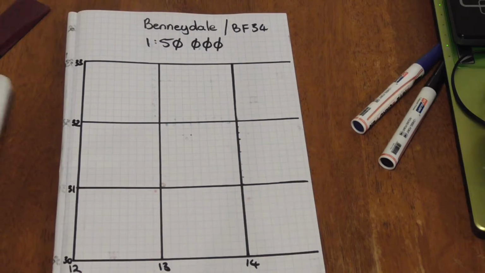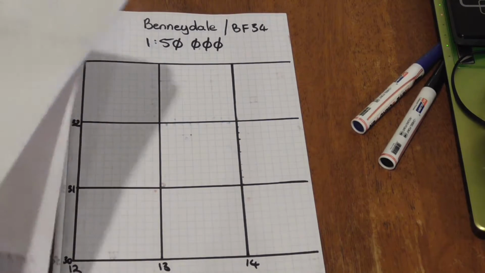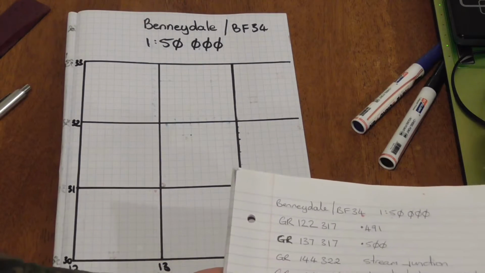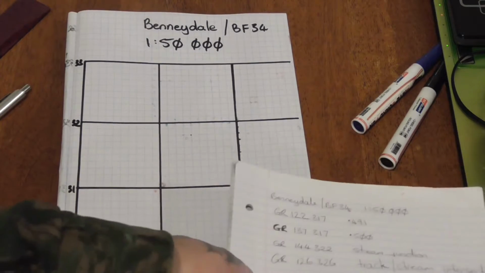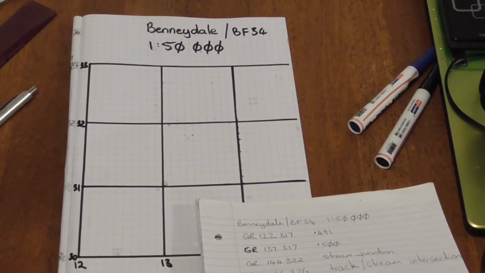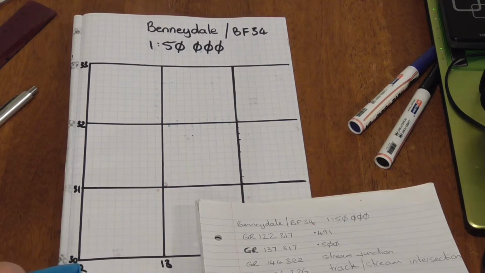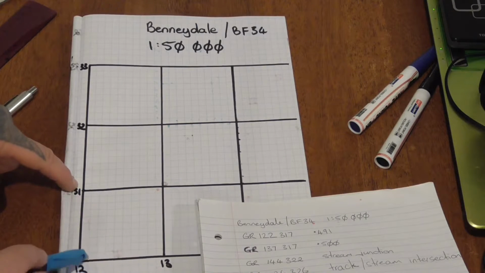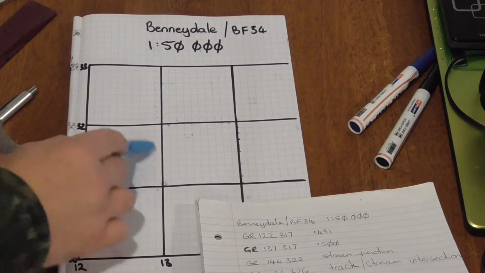So let's do that. We want to go 122. All right, let's have a look here. 1 2 3 1. Okay, so I'm going to try and put that down there so you can still see the number. So we go 1 2 3 1. So we're talking about this grid square.